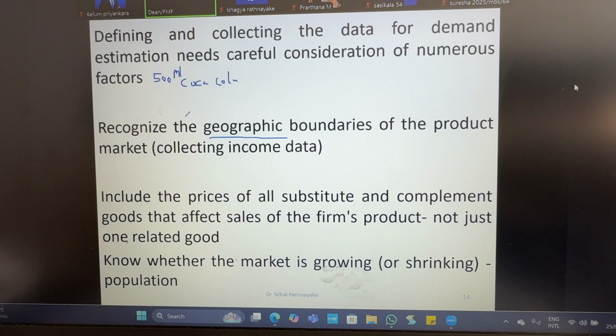Think about quantity information. Is it okay if I say 500 ml Coca-Cola? Talking is very much important. Don't stay silent.